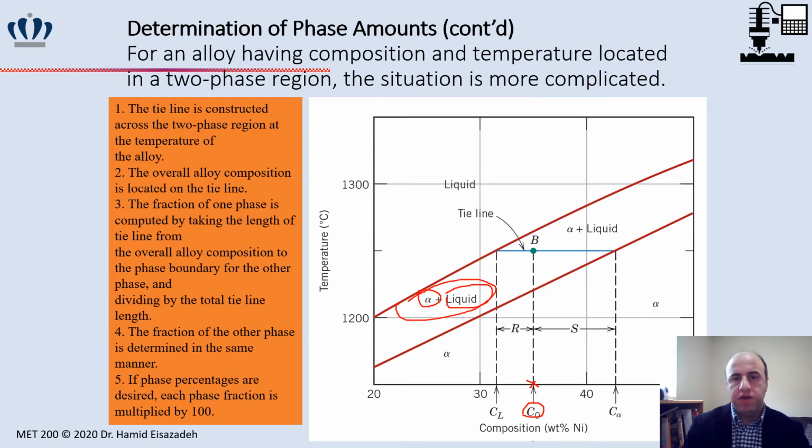And then the temperature is also given, 1250, and then you cross these two lines, and they cross each other at this point B. So we are in these two phases.